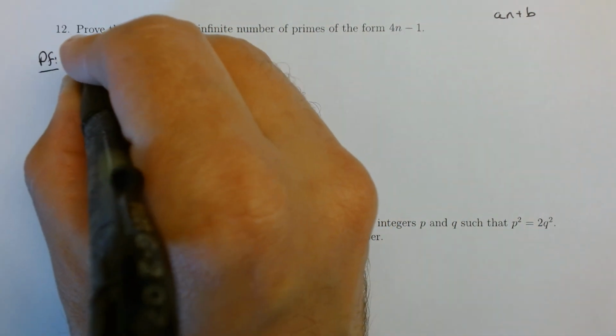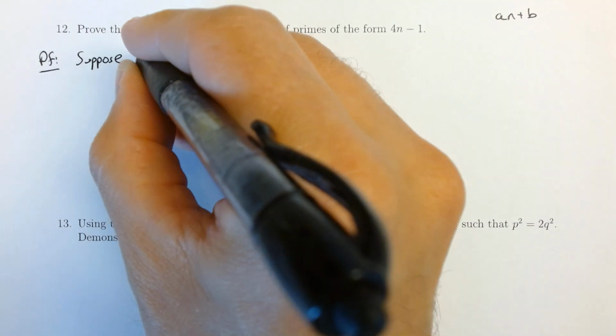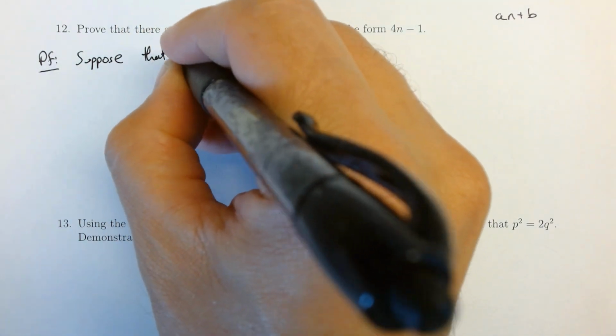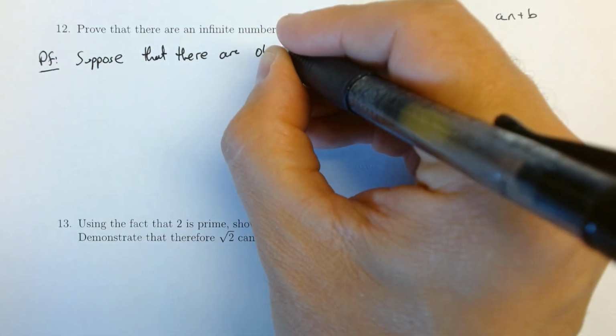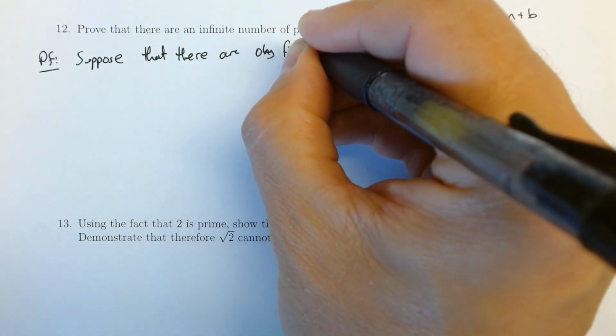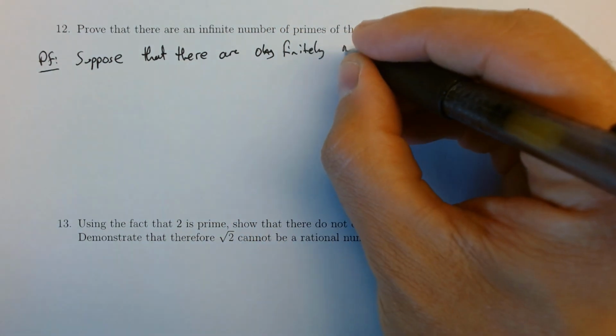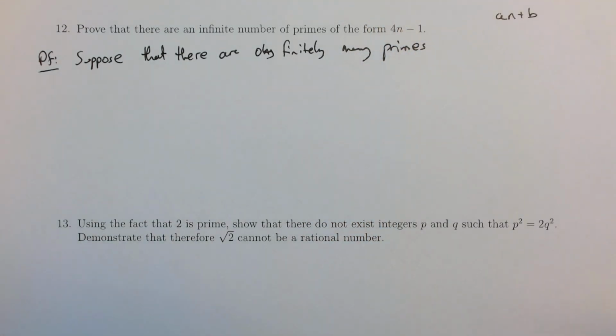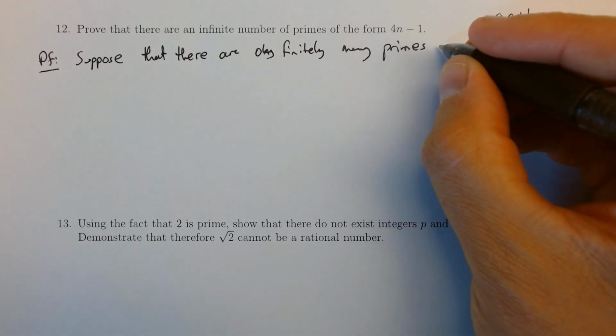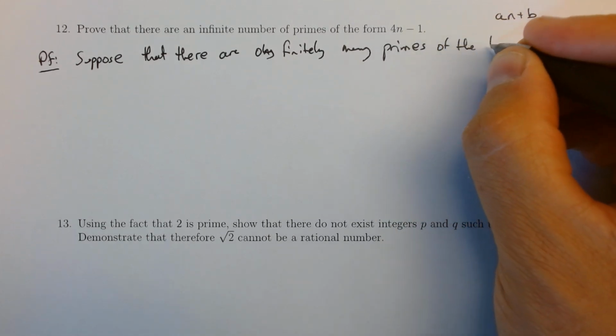So it's easier to say, well, suppose there are only finitely many, not primes, but primes of that form, 4n minus 1.